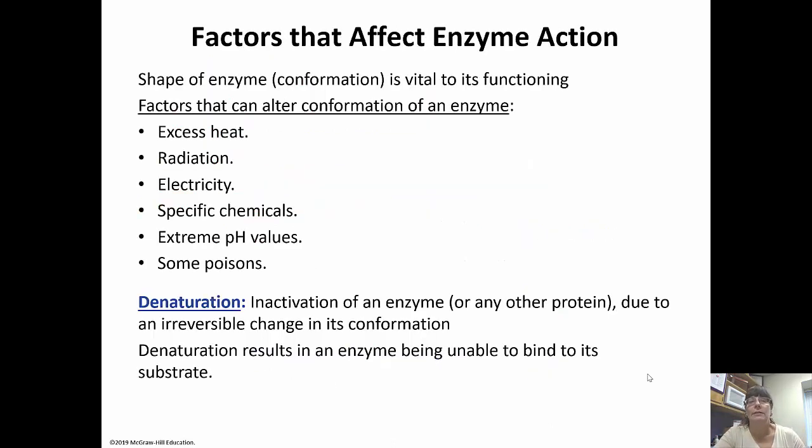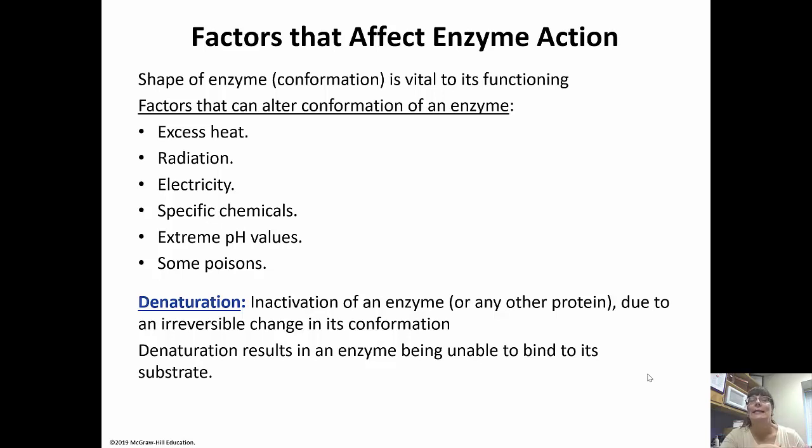There are certain factors that affect enzyme action and can actually alter the conformation of an enzyme. The shape of the enzyme is crucial to its functioning, because if it doesn't have the same shape, it's not going to match its substrate. And if it doesn't match its substrate, it can't break it down or catalyze the reaction.